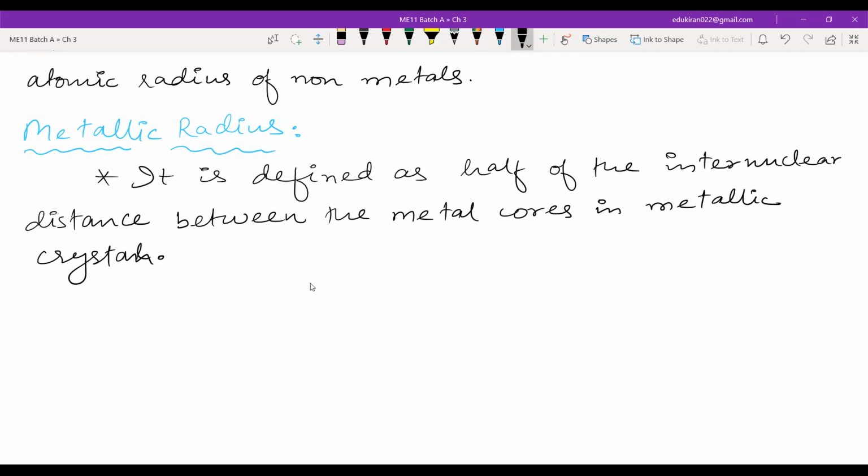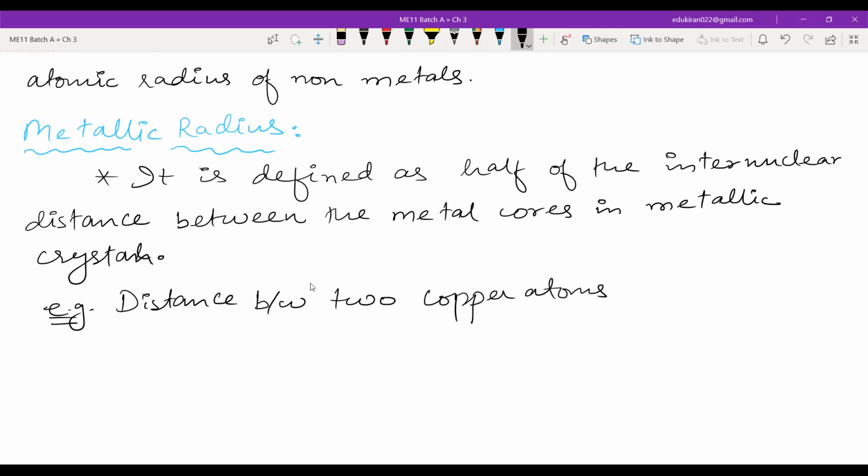Metallic crystal means that it should be in solid state. Now, for example, let us say the distance between two copper atoms in copper solid is 256 picometer.